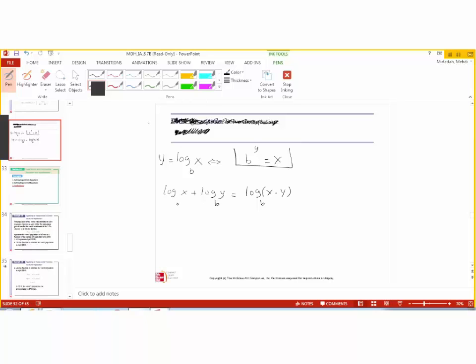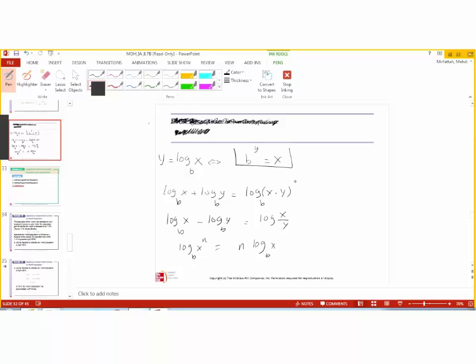Remember the base has to be the same. If I have log of x minus log of y, it's the same as log of x over y. If I have log of x to the power of n, I have to move the n right in front of that. The base has to be the same.